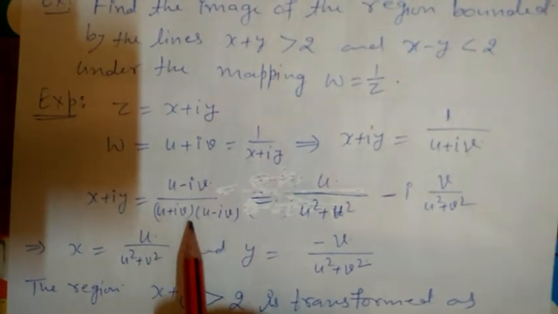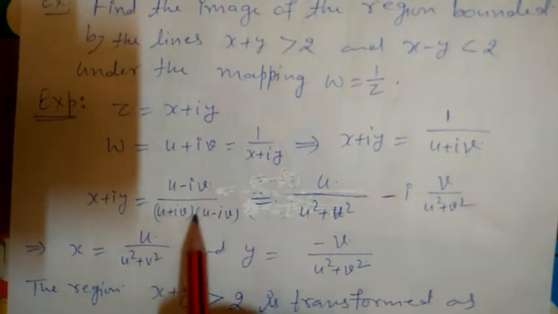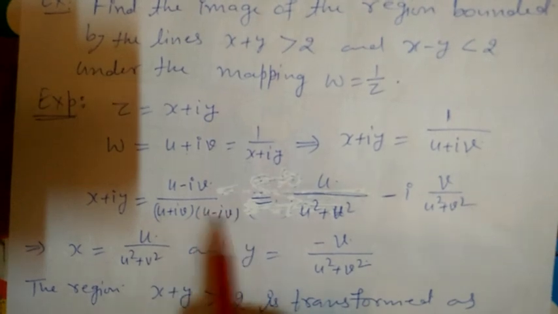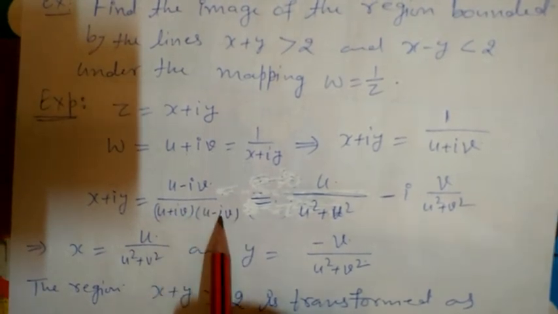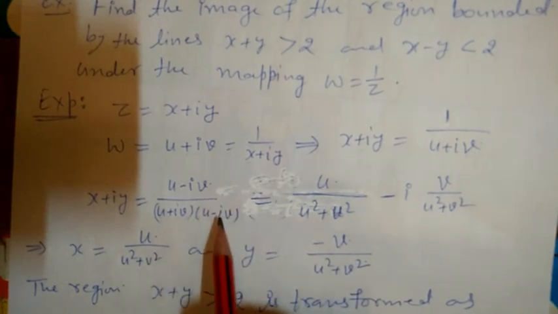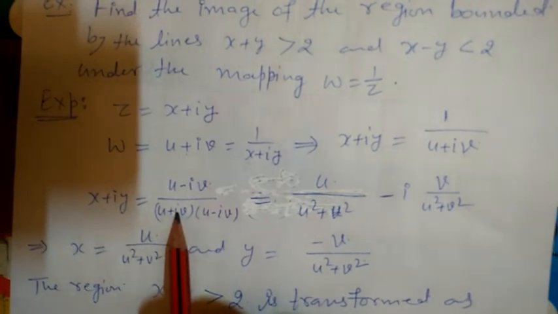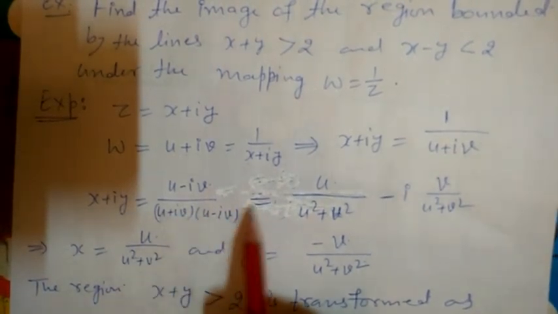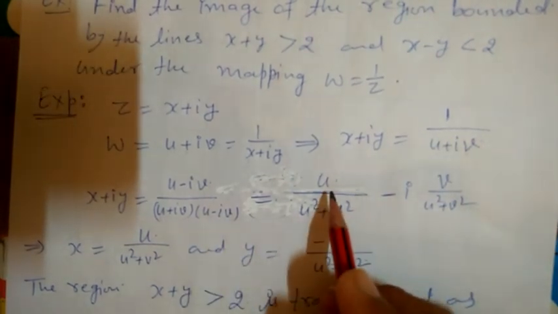That is, (a plus b)(a minus b) is a square minus b square, so here (u plus iota v)(u minus iota v) gives u square minus iota square v square, and we know that iota square is minus 1, so this is u square plus v square, plus iota uv minus iota uv, so plus iota uv cancels with minus iota uv.